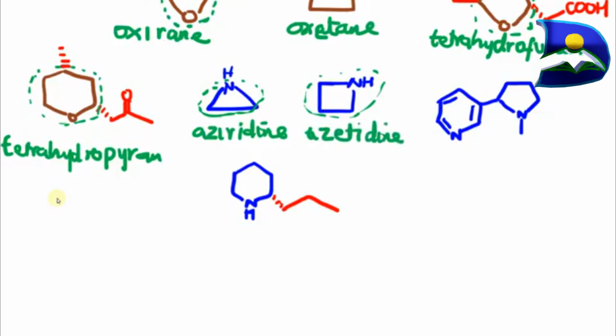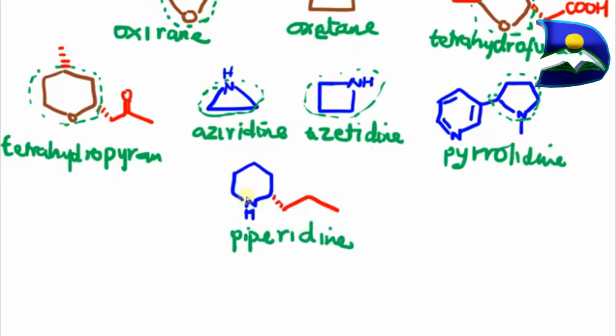The next one, not an aromatic ring but a heterocyclic ring that has nitrogen in it, is found in this compound, which is called pyrrolidine. And finally we have our heterocyclic compound with nitrogen in a six-membered ring, which is piperidine.